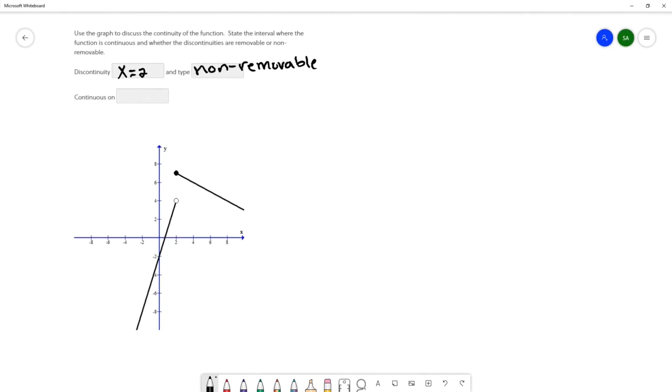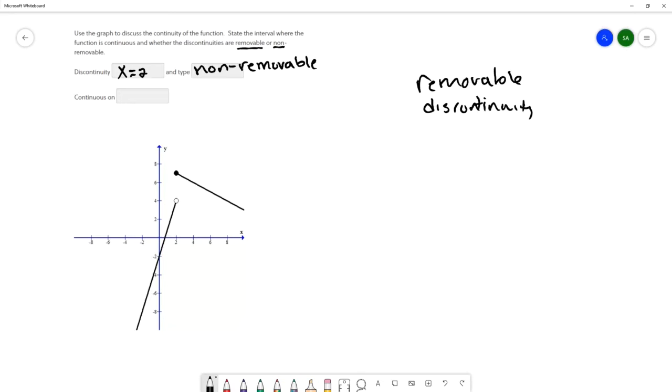Let me spend a little bit more time on the difference between removable and non-removable. So when a function has a removable discontinuity, what that means is that the discontinuity is basically a gap of a single point, meaning that if you were able to fill in that one point, then the function would be continuous.